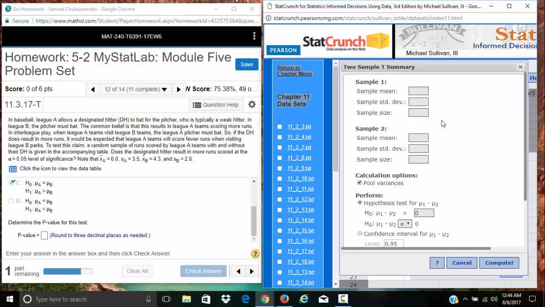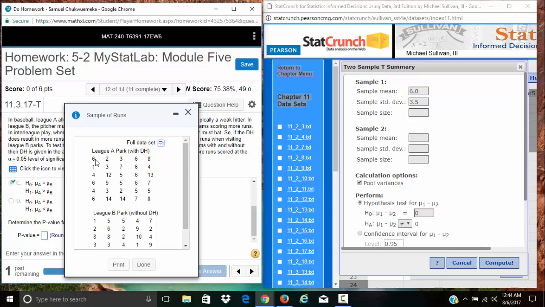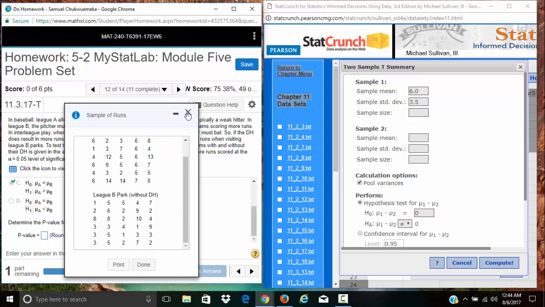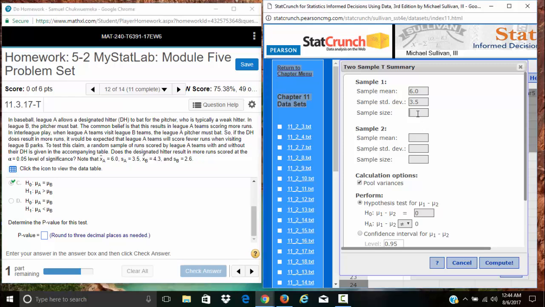First one is for A. The sample mean is 6, standard deviation is 3.5, and then the size. Let's get the size: 1, 2, 3, 4, 5, 30. So both of them are 30.